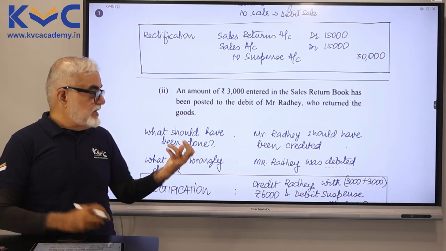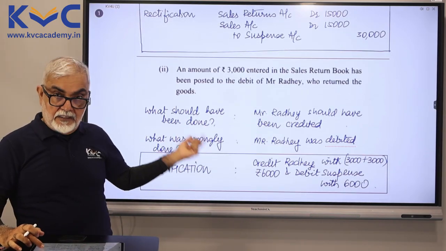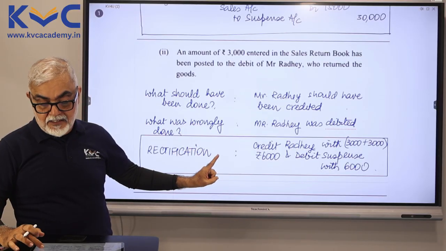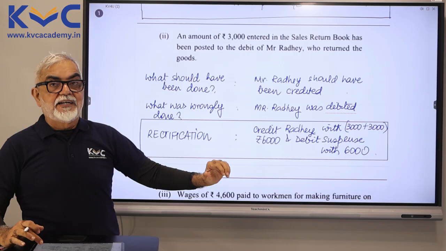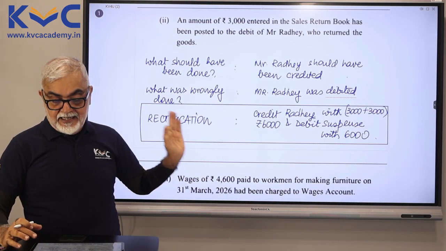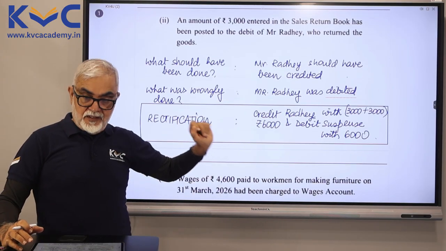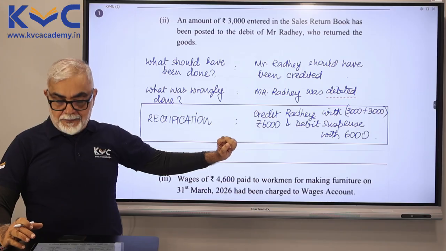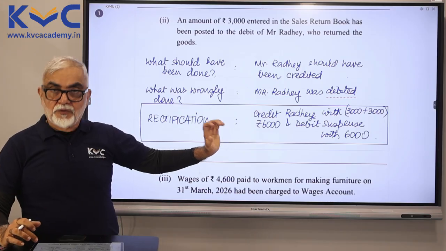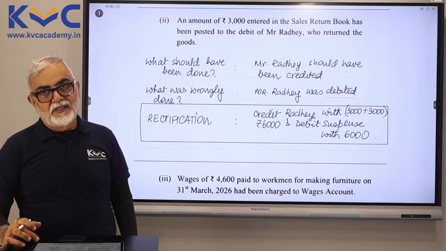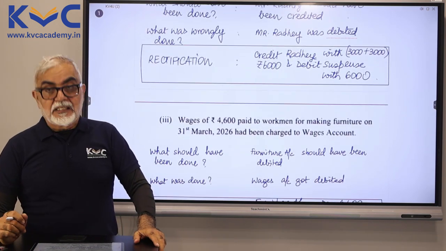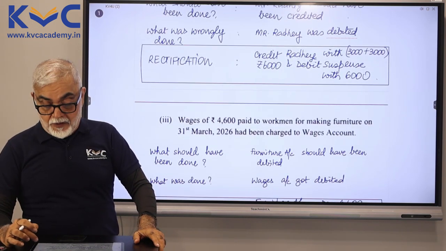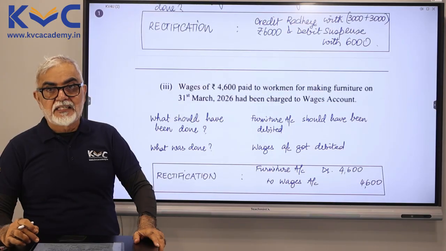But you debited it. So you give a credit of 3,000 first for cancelling the wrong debit and give the right credit of 3,000. Therefore, the rectification would be suspense account debtor to Radhe's account. Okay? The third, wages of 4,600 paid to workmen for making furniture charged to wages.